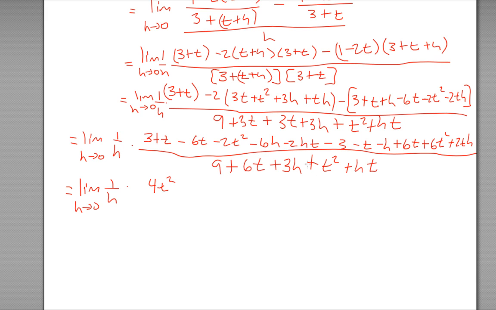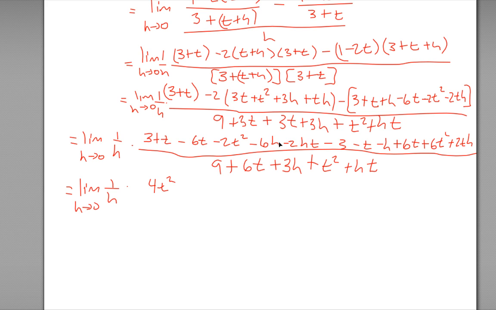And I really hope I haven't made a mistake somewhere, but okay. And then let's look at things that have h's and t's in them. Negative 2ht plus 2ht, so those cancel out, so that's nice. And now let's look at things that are just h's.